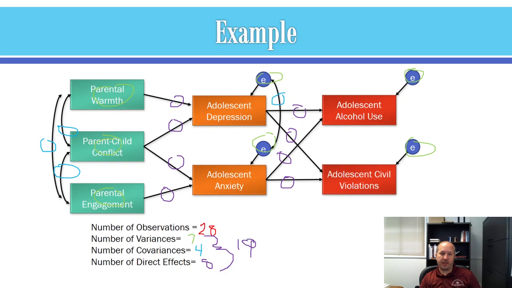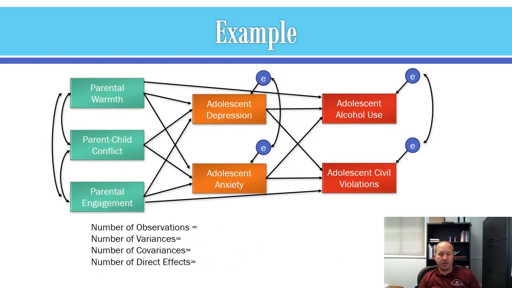So 28 minus 19 gives us 9. So we have 9 total degrees of freedom for this model, which means that we are over-identified because we have a positive number of degrees of freedom. So this model is good because we are over-identified.